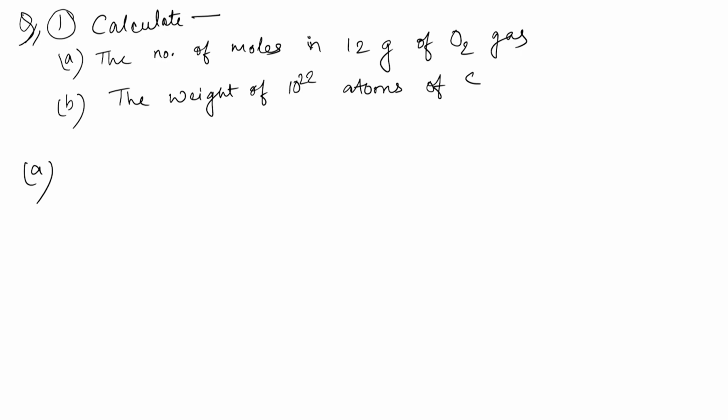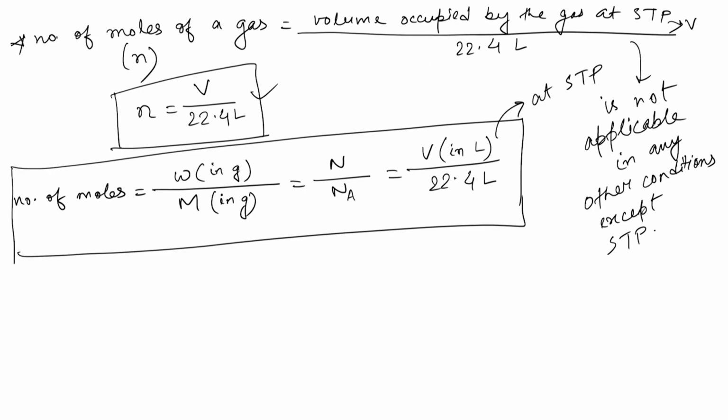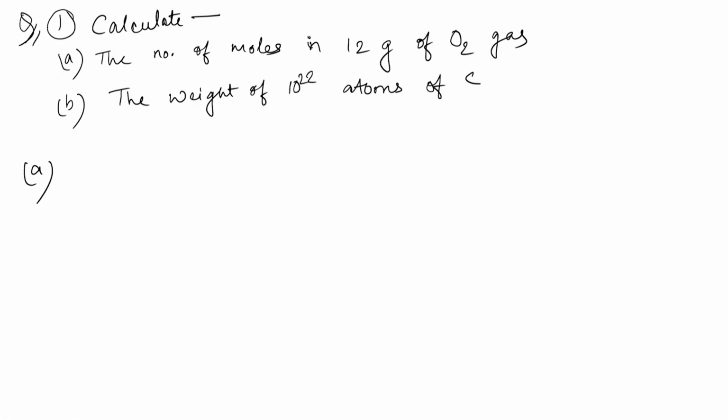Okay. So, we have the formula number of moles is equal to this. Here weight is given, so we will work with the formula of weight. Oxygen has a molecular mass of 2 into 16, that is 32 AMU.